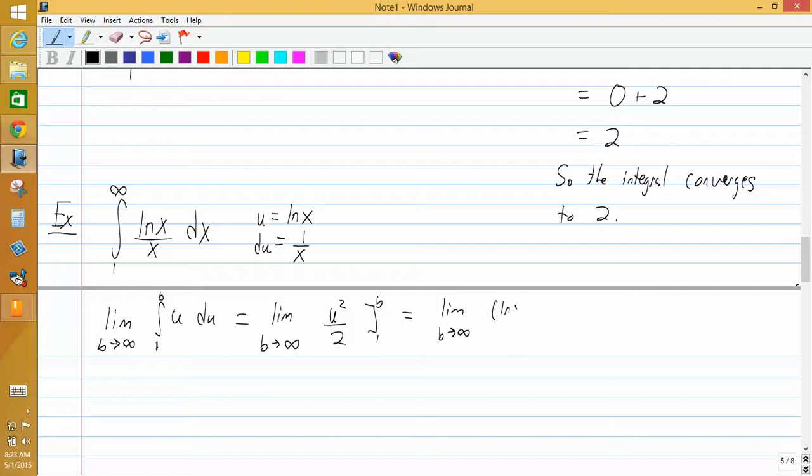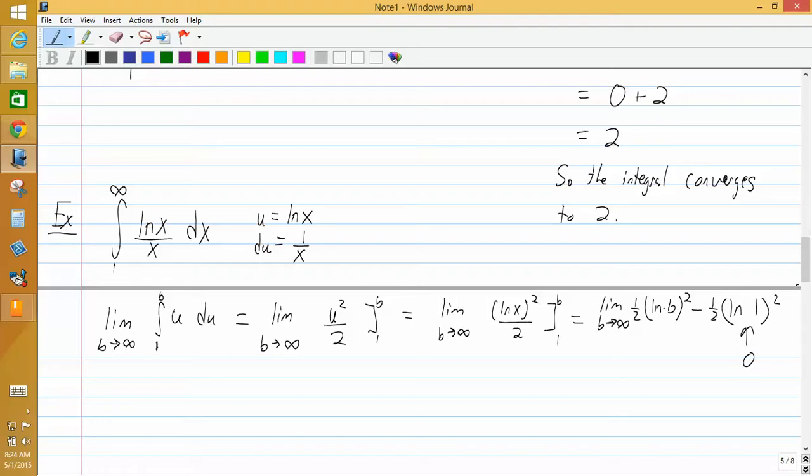So this is natural log of x squared over 2, evaluated from 1 to b. So this is the limit as b approaches infinity of 1/2 natural log of b squared minus 1/2 natural log of 1 squared. That's 0, so that term is going to go away.